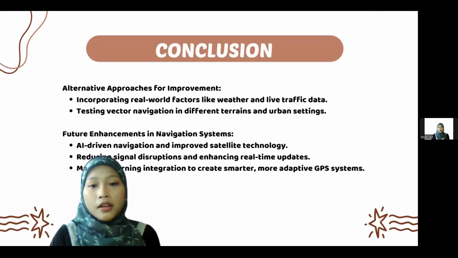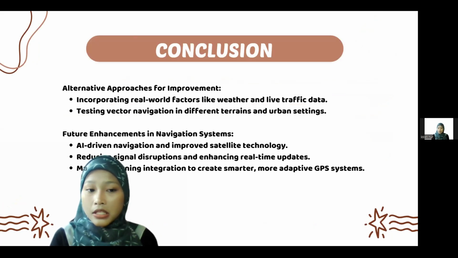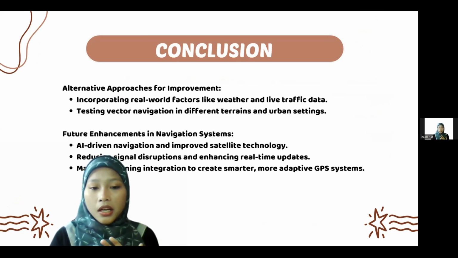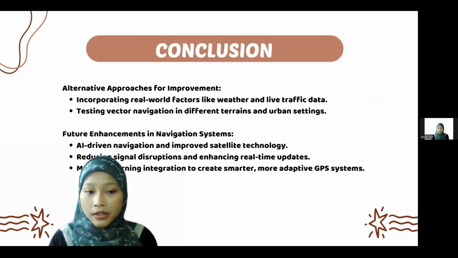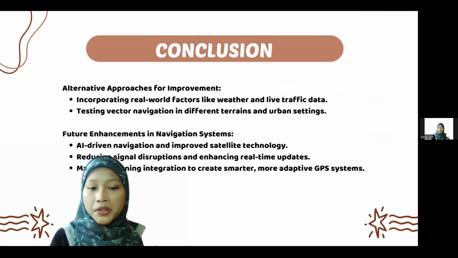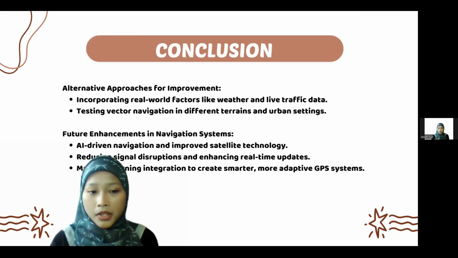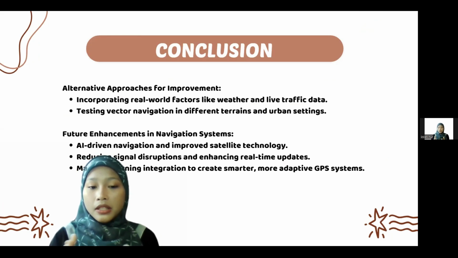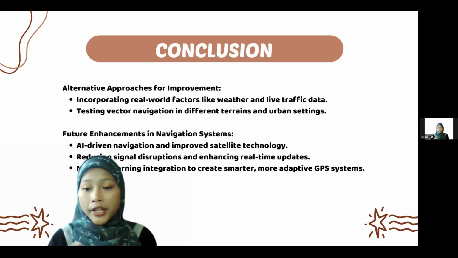So in conclusion, for future enhancement in navigation systems, maybe AI-driven navigation can improve the satellite technology, reduce signal disruption, enhance real-time updates, and integrate machine learning to create smarter, more adaptive GPS systems.